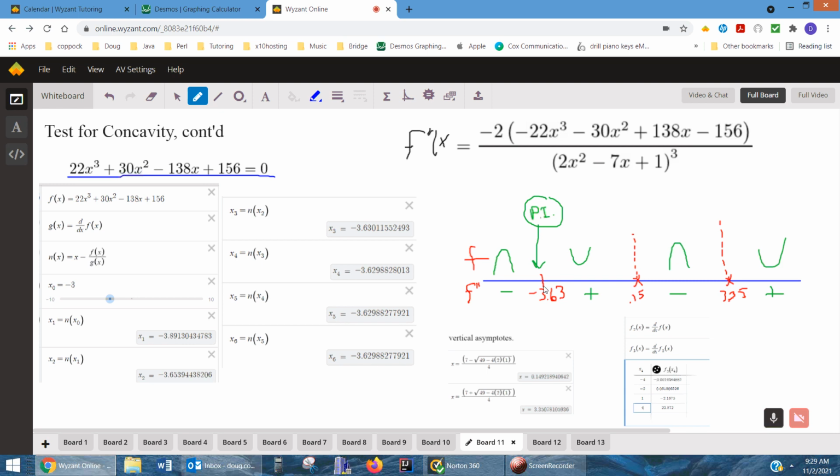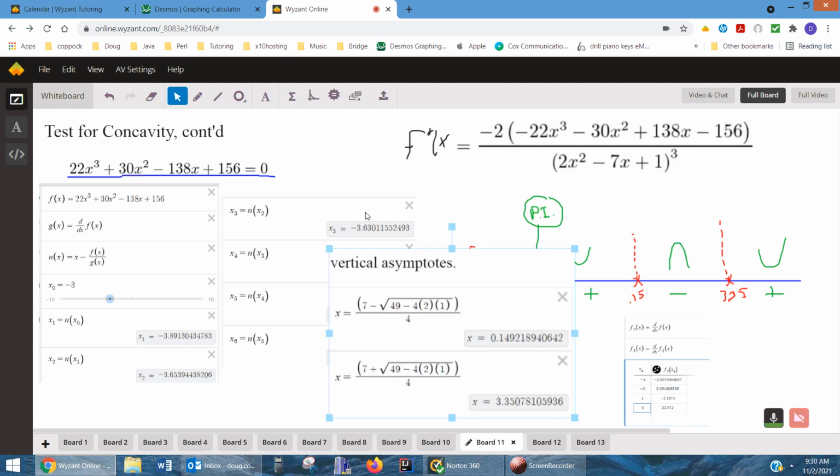Okay, and so that's the only place where the second derivative equals 0. Here's those vertical asymptotes with x's and dashed vertical lines, and a reminder, here were the vertical asymptotes, so those on the number line are approximations.